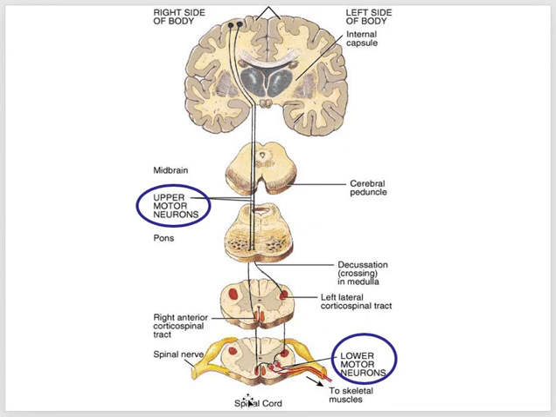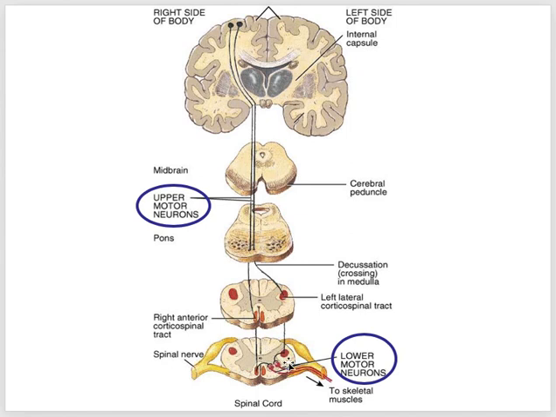Sometimes the first order neuron makes a connection with the second order neuron. For example, a first order neuron can end up in the brainstem and synapse with a second order neuron. Or maybe the first order neuron goes all the way down below and then synapses with the second order neuron.